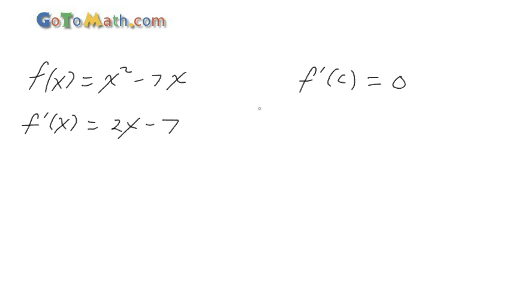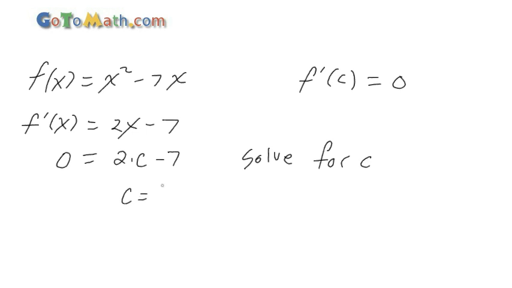Now we set this equal to 0, plug c in for x, and solve for c. Once we solve for c, it is 7 halves, which is 3.5, like it looked on the graph.